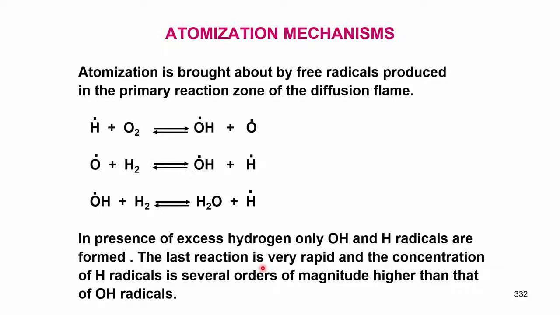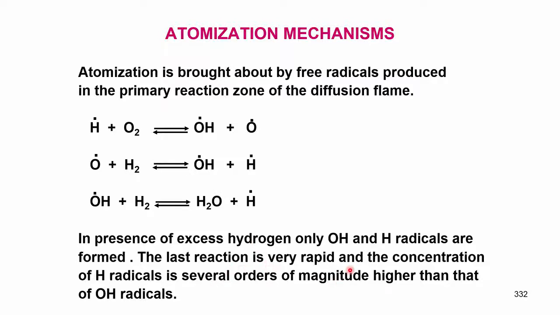Another reaction is possible: an OH radical may also combine with hydrogen coming from the reactor to produce water and a hydrogen radical. So, in presence of excess hydrogen only OH and H radicals are formed, because normally we have excess hydrogen coming from sodium borohydride.